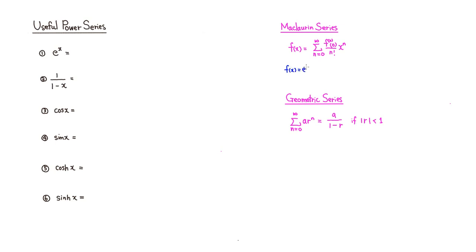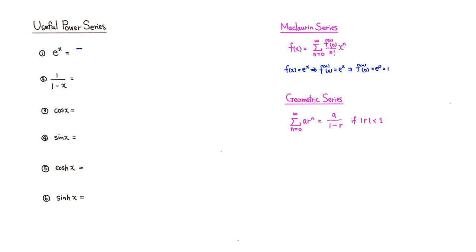E to the x is a nice function because if you set f of x equal to e to the x, any derivative of e to the x is still e to the x. Since we're evaluating at 0, the nth derivative of f at 0 is e to the 0, which is 1. So the nth derivative of f at 0 is always 1, and that's why you get the summation of x to the n over n factorial.